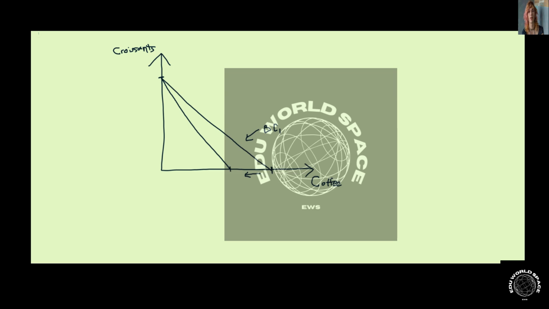So you'll note that the number of croissants we can buy stayed the same, the amount of coffee that we can buy decreased, and so here is our new budget curve. Budget curve 2. And let me tidy that up. Okay.